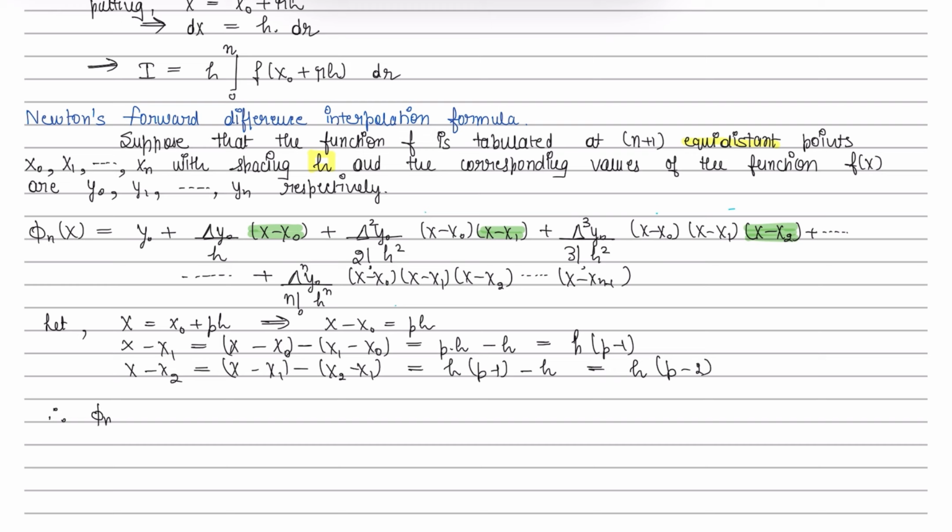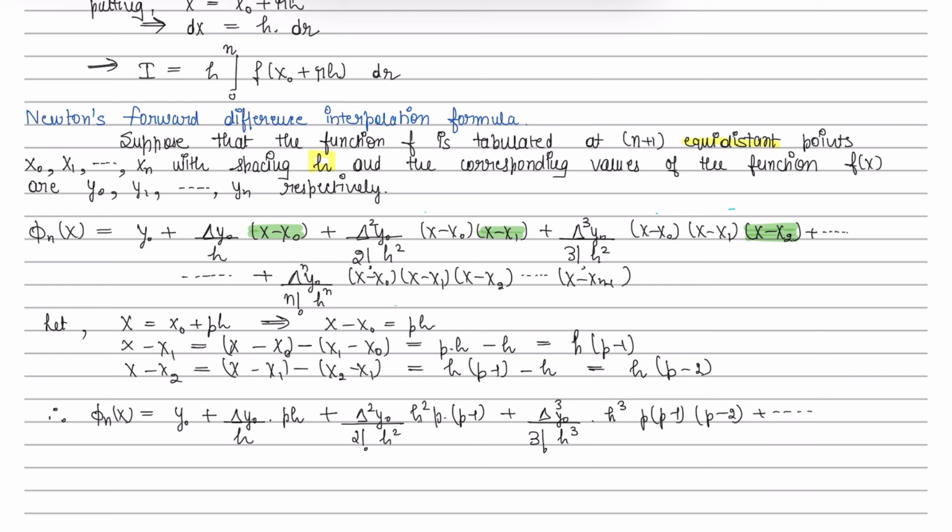Therefore, the updated phi n x can be written in the form of y0 plus forward difference y0 by h into ph plus second forward difference upon 2 factorial into h square p into p minus 1 into h square plus third forward difference upon 3 factorial into h cube p into p minus 1 into p minus 2, and so on.